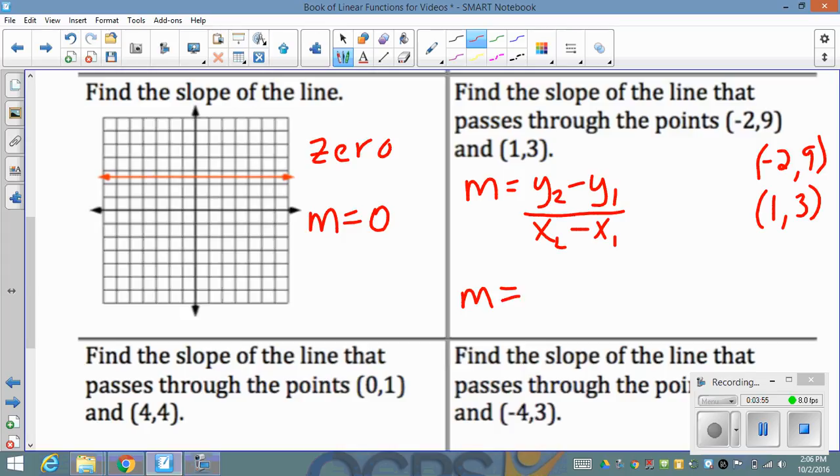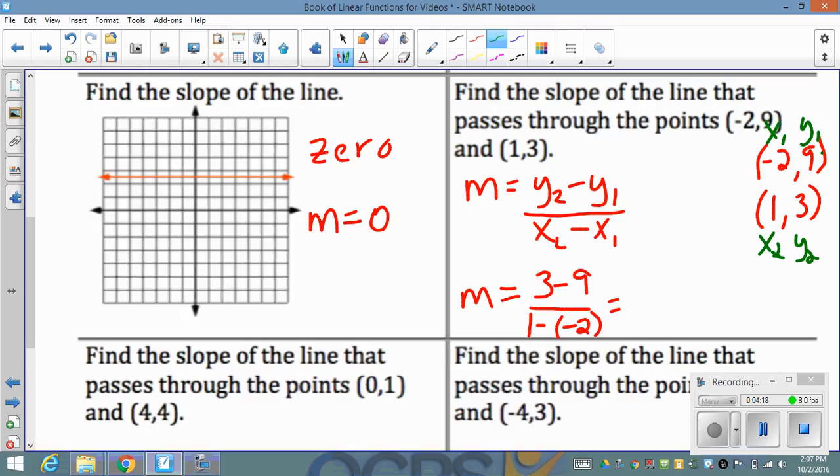So I'm going to do 3 minus 9 over 1 minus a negative 2. And let me label those just so you make sure you understand where it's coming from. That's my x1, y1. That's my x2, y2.